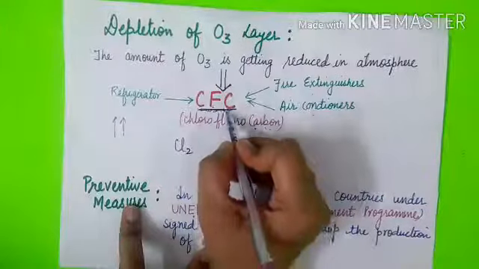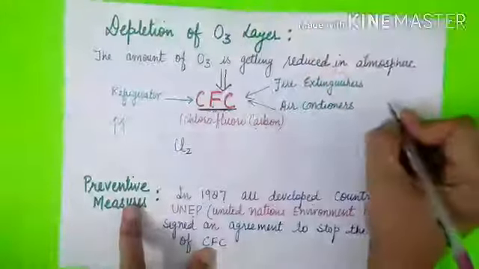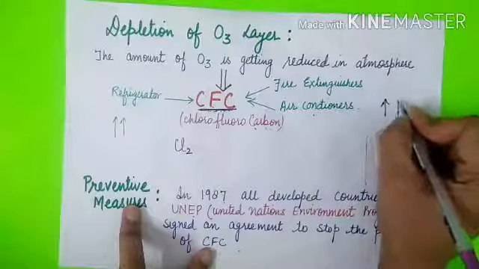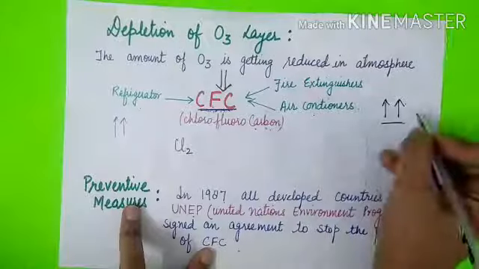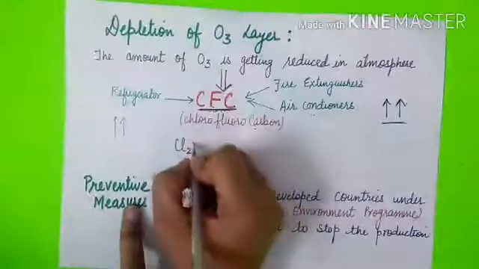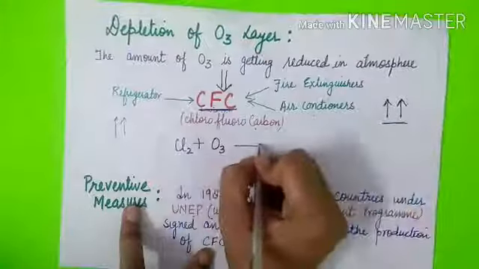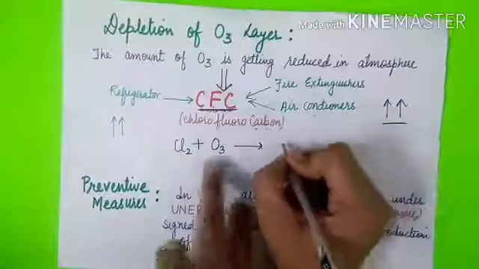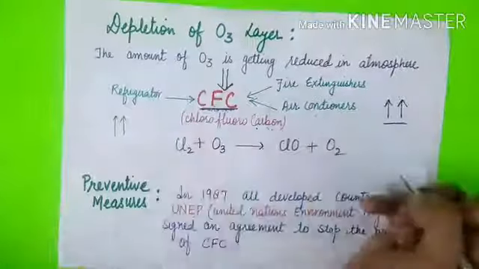So once it is released into the atmosphere, it rises up. When it rises up, the Cl present in CFC reacts with an ozone molecule, and what will it form? ClO, and oxygen is formed.